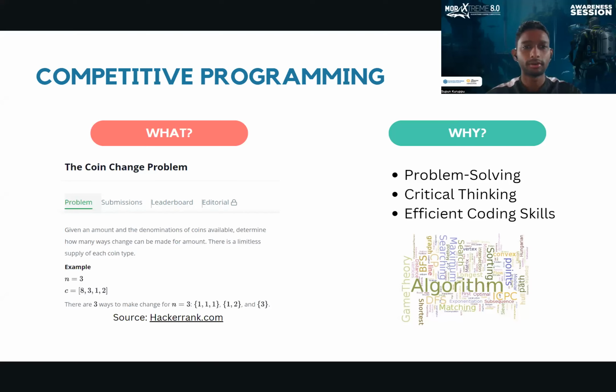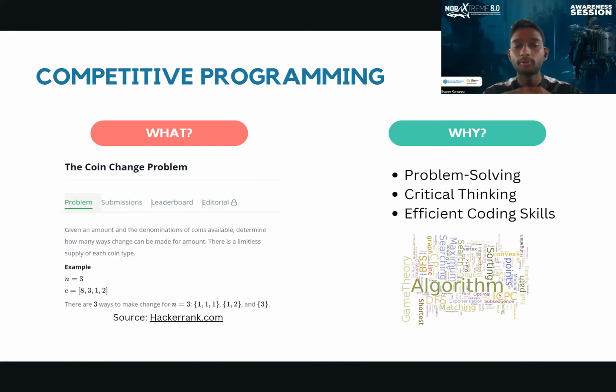A programming problem would be something like this. Here you can see an example problem. In this problem, given some amount as the input, we need to find the number of ways that we can make that amount using the coin change that is available.